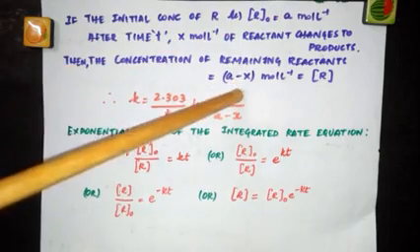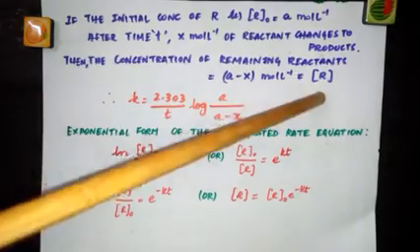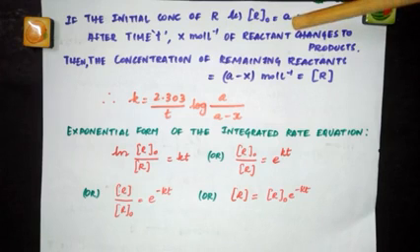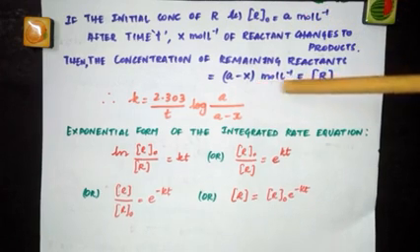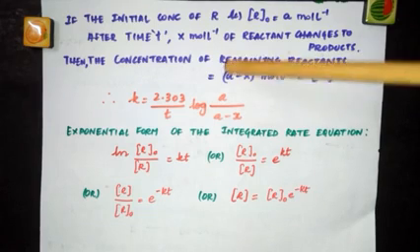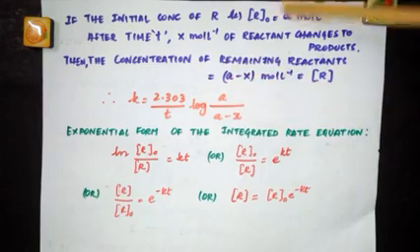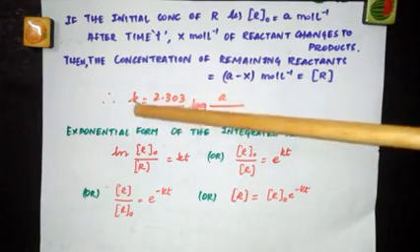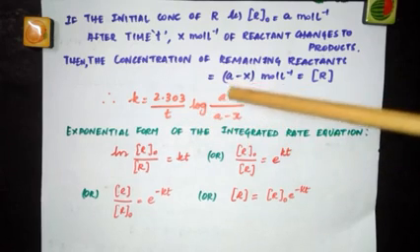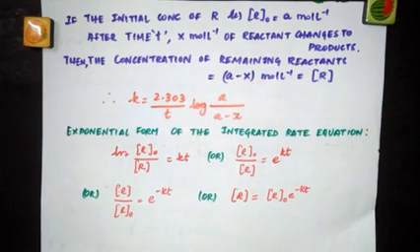So a minus x is nothing but the concentration of R. Because when we wrote that expression, I told you R naught is the initial concentration and R is the concentration of the reactant after some time. So if a is the initial concentration, then a minus x will be the concentration of the reactant remaining after time t. So instead of R naught and R, we can put these values. So you can write k is equal to 2.303 by t log a by a minus x.